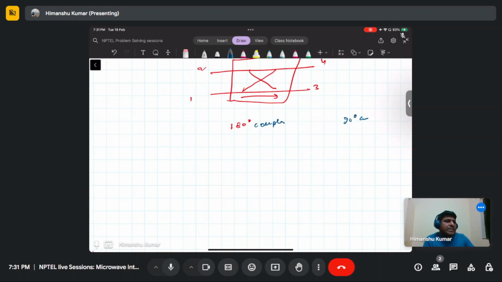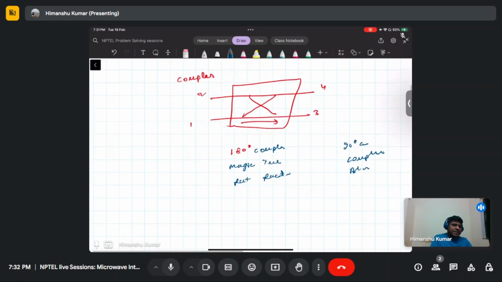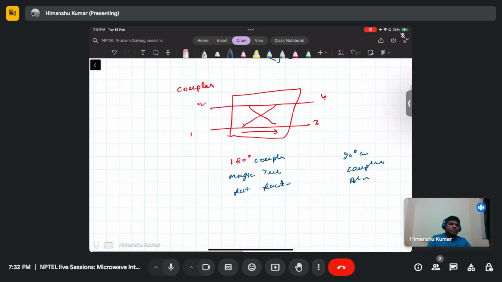So this is the Magic T and the Rat Race T, and these are the coupled line and branch line. The Magic T is basically the superposition of an E-plane and an H-plane T.